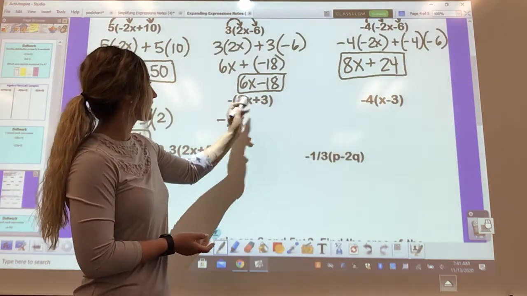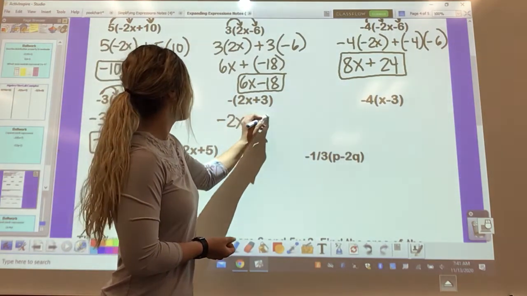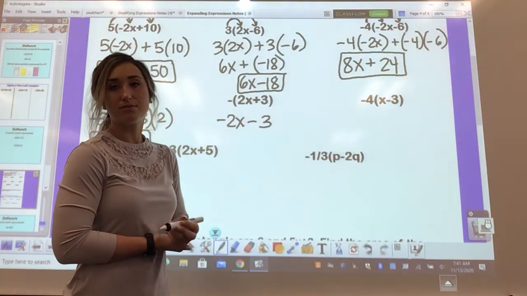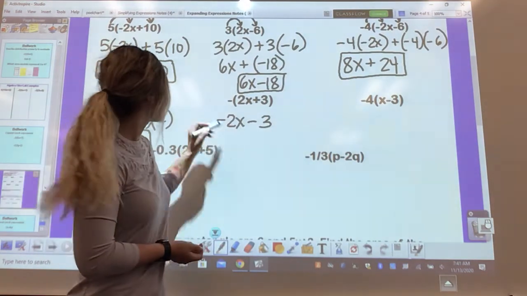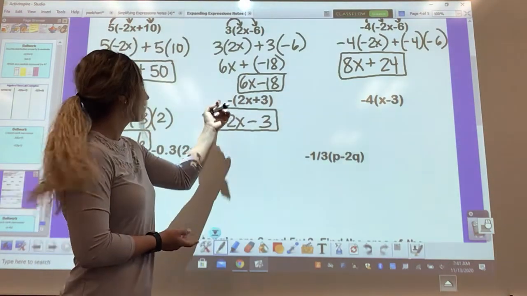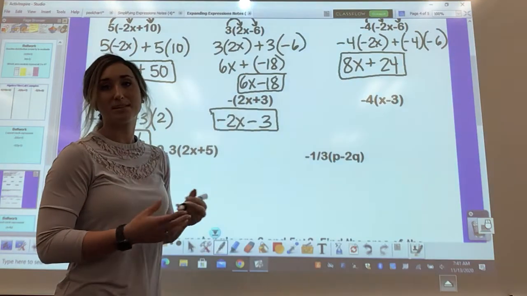And then same with this second term. Distribute a negative into a positive 3 would make it a negative 3, because negative 1 times positive 3 is negative 3. So really that's all we have there. When you have the negative out in front, it's just going to make each term inside the opposite.